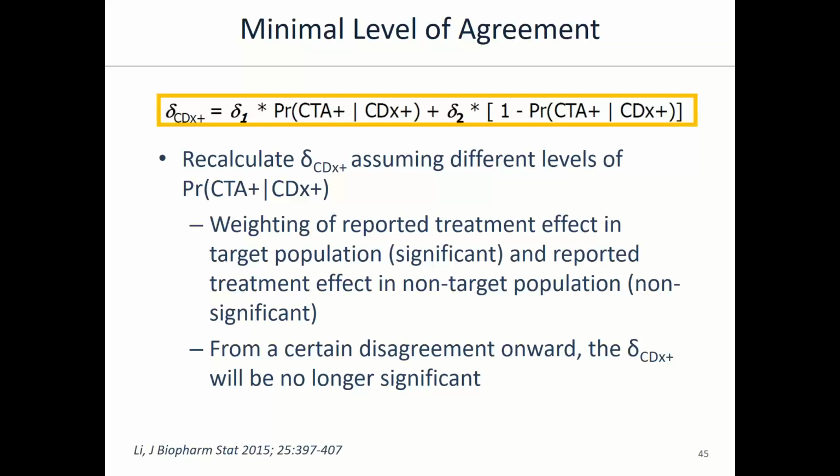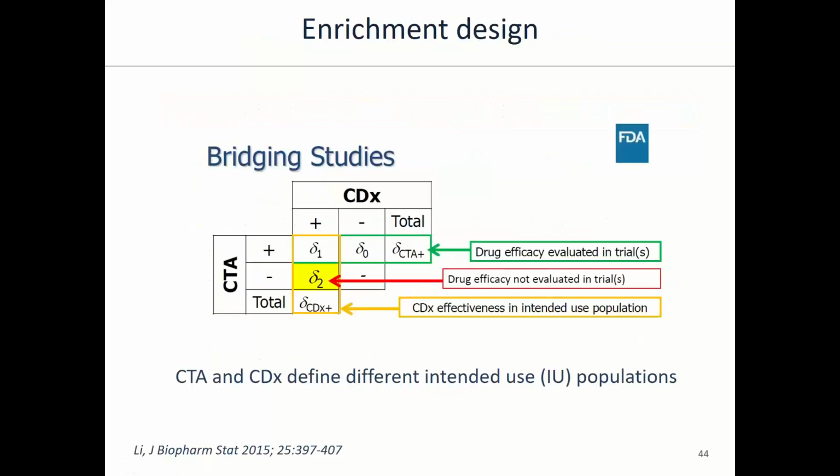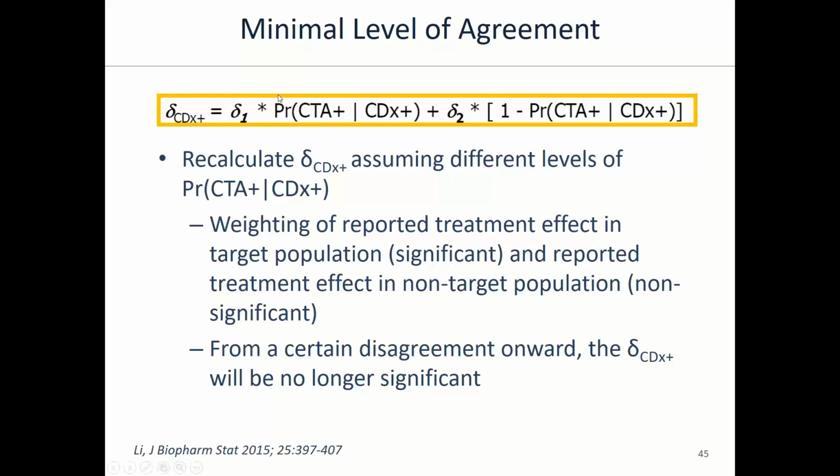Now, although it's not about agreement, it is helpful to define a minimum level of agreement between your companion diagnostic and your clinical trial assay, and that you can do by creating a weighted average of the treatment effect for the patients that are positive with both tests, and here an assumption for the treatment effect for the patients for which you don't have a clinical outcome because they were no part of the previous population, and then you weight it by the agreement.